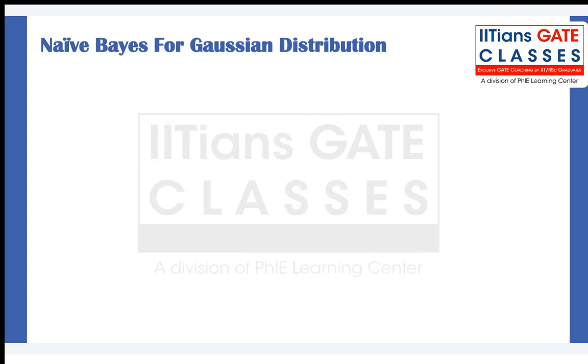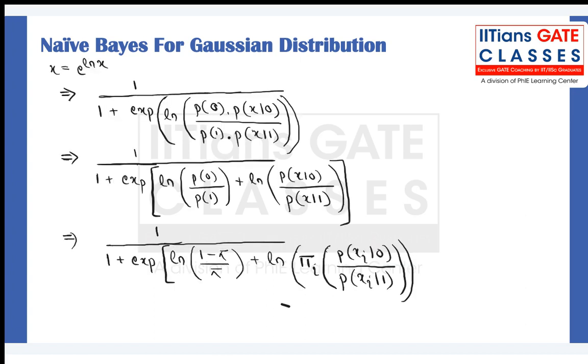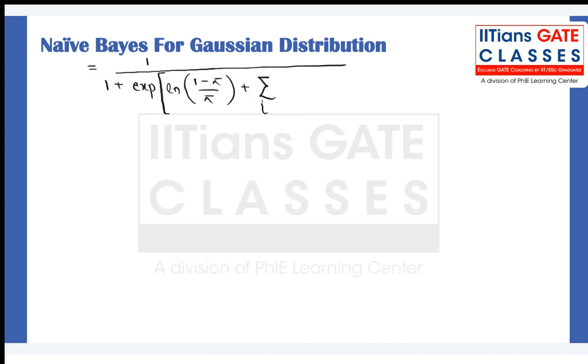This is nothing but equal to 1 over 1 plus e to the power of log of 1 minus pi over pi, plus the summation, because it was log of a product, so it becomes the summation of ln of p of xi given 0 divided by p of xi given 1. Okay, with me till now?